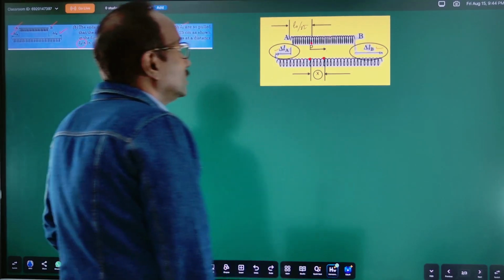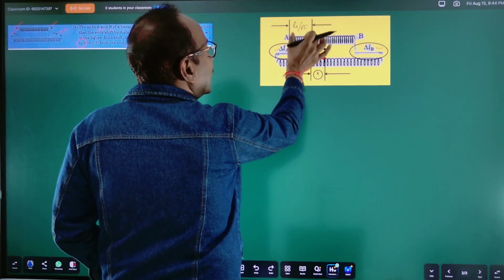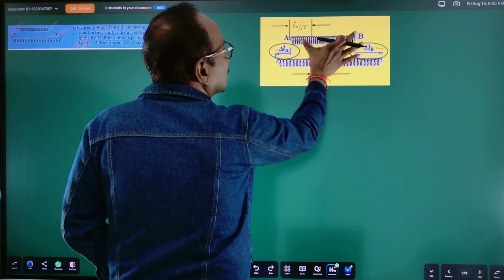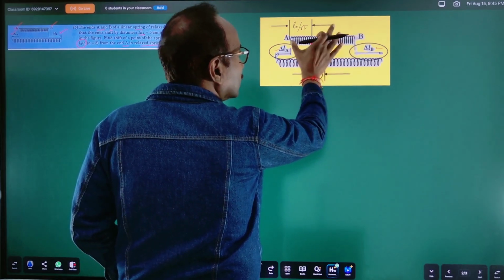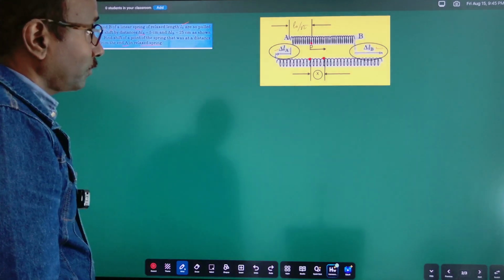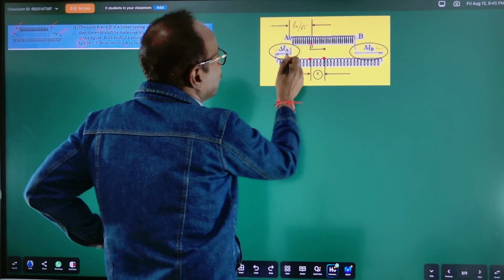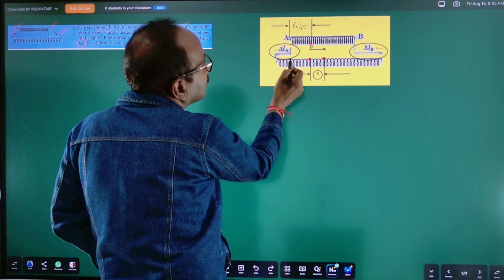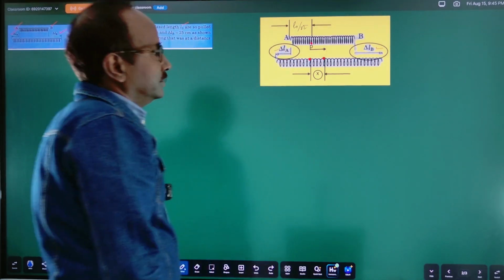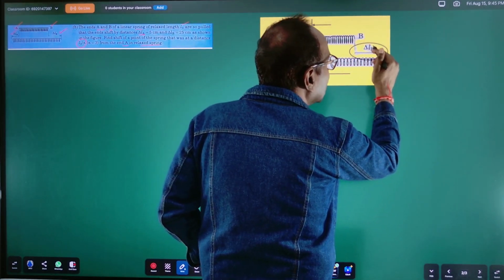So in the question, it is being asked about a length L0 by n when the spring was relaxed, meaning there is no stretch, no extension, no compression. When the spring was stretched, its end A has shifted towards the left by delta LA, and point B has shifted towards the right by delta LB.